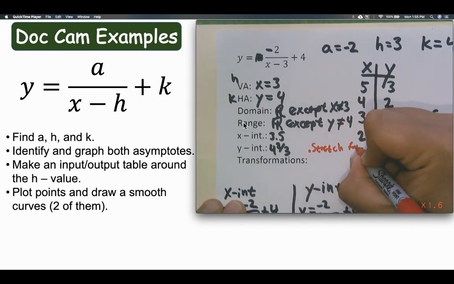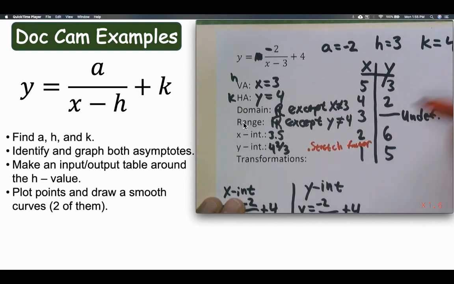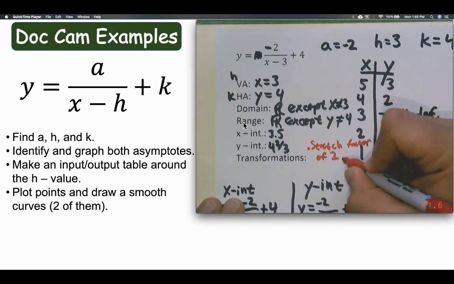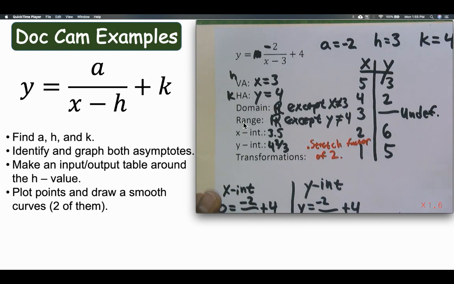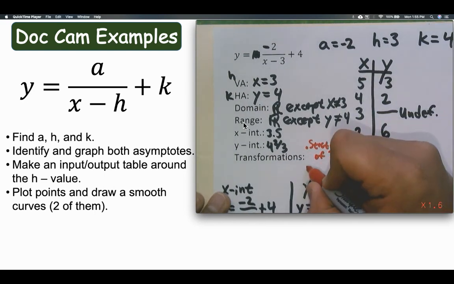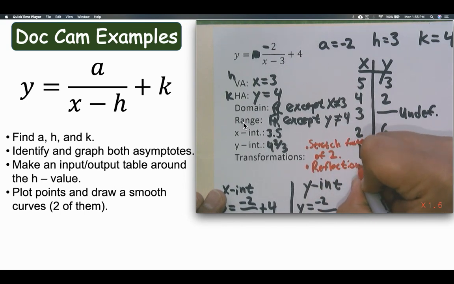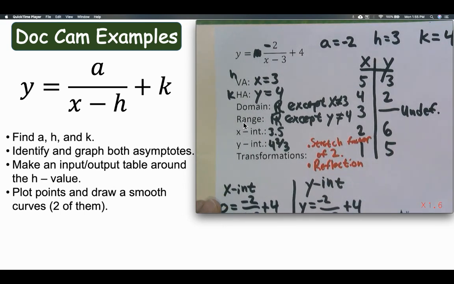Stretch factor, and sorry, it's kind of going into my other work. Stretch factor of 2. Okay. Not negative 2. What the negative tells us is that it has a reflection. Over the x-axis, I'm okay if you just put reflection because we don't really deal with the y-axis yet.